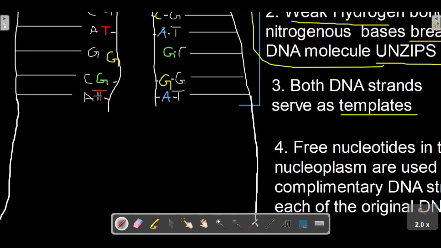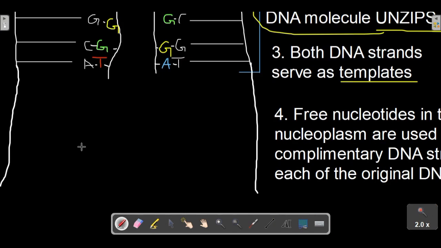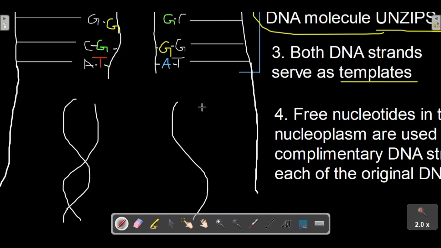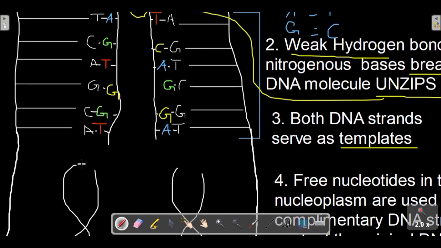And of course they can wind up again. They have already zipped, meaning these weak hydrogen bonds have formed again, and of course they then form that double helix, which is their natural shape. Okay, so now you have these two, and of course with those complementary nitrogenous bases.